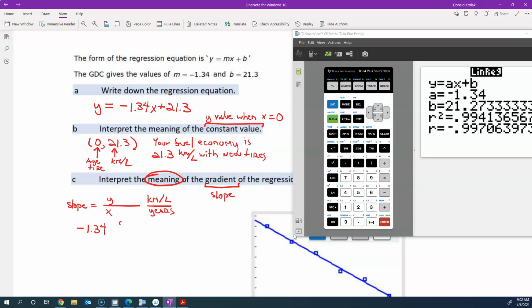Your fuel economy decreases 1.34 kilometers per liter for every year.